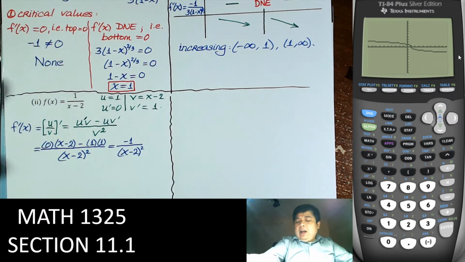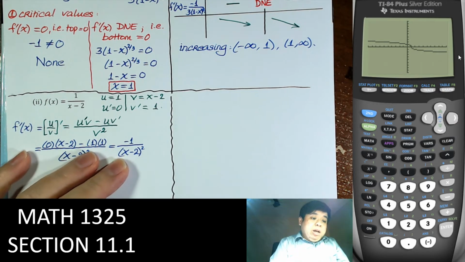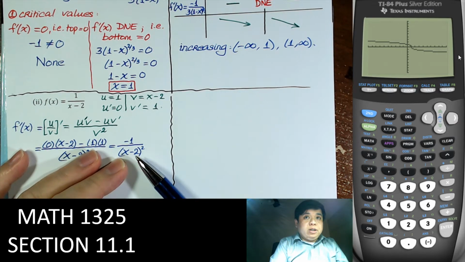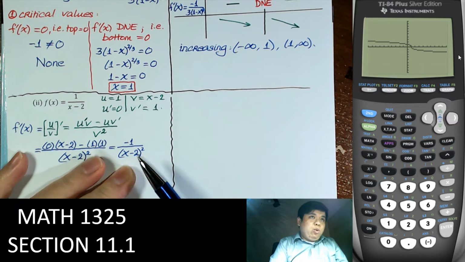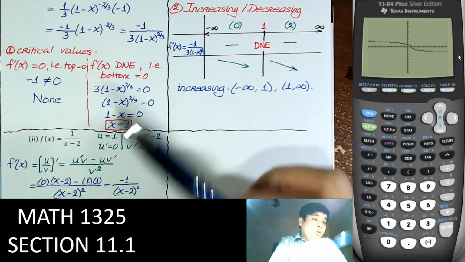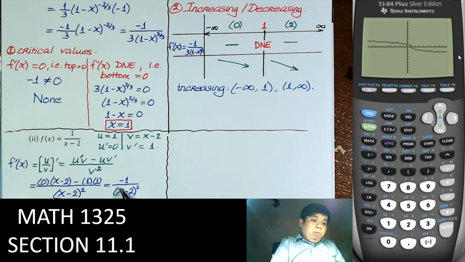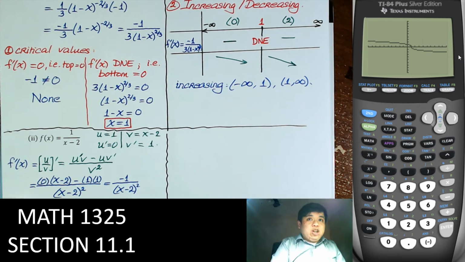Now the reason I prefer to use the quotient rule here is that we prefer to have a quotient, a big fraction like this. When we have a fraction like this and we find critical values, we set the derivative equal to 0, that is the top equal to 0. Derivative does not exist, the bottom equal to 0. So it is to our advantage, if we can write it as one big fraction, to do that.